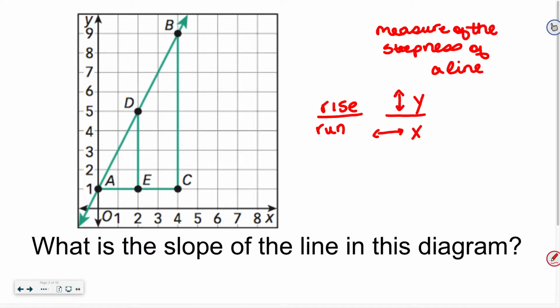Any of the values you think might be the slope? Oh, you're right. 2. Okay. Any other values? 2.25. Any other values that we might be seeing? Any other values for the slope?